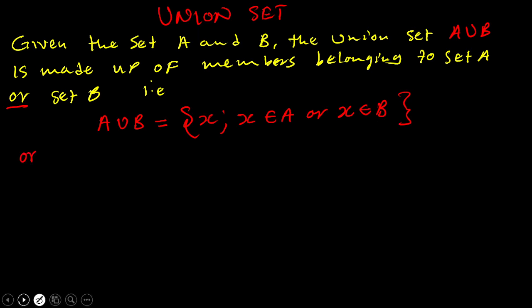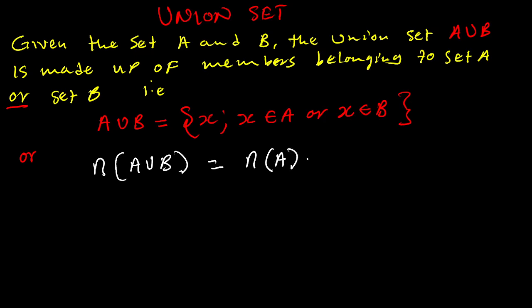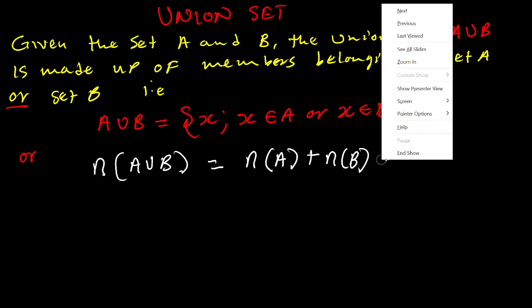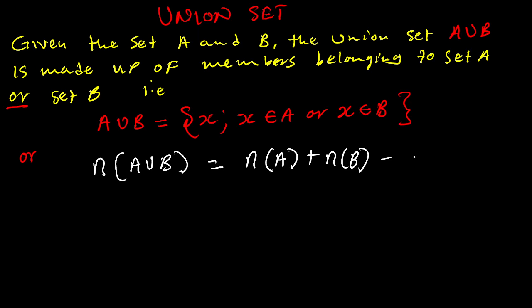Or in terms of the number of elements for the union, you say n of A union B is equal to the number of elements in set A plus the number of elements in set B minus, remember what I told you, that the intersection should not be included, so minus the number of elements in A intersection B. So this is another presentation, where n represents the number of elements.